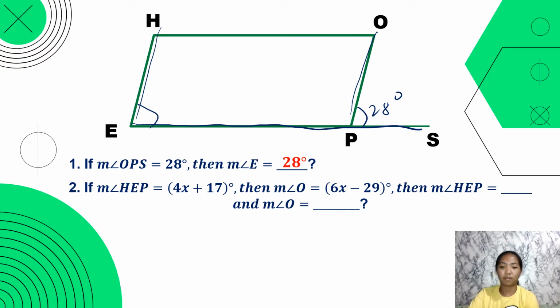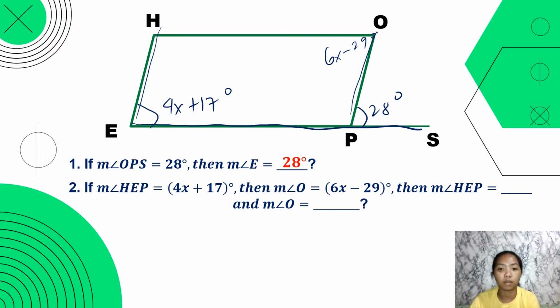Next, if the measure of angle HEP is 4x plus 17 degrees, and the measure of angle O is 6x minus 29 degrees, then what is the measure of angle O?